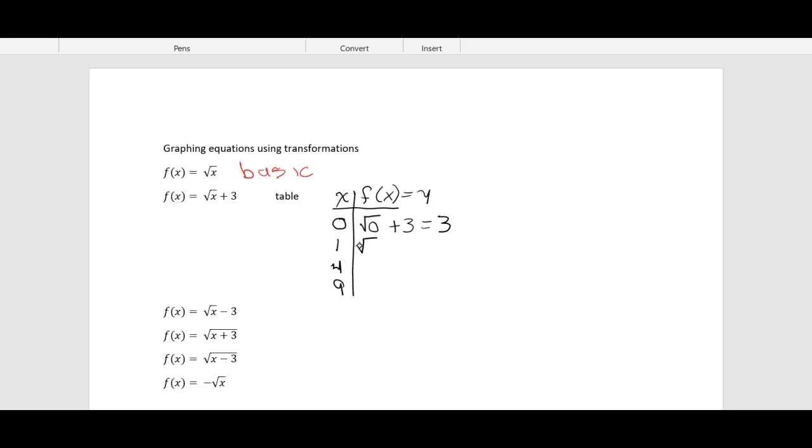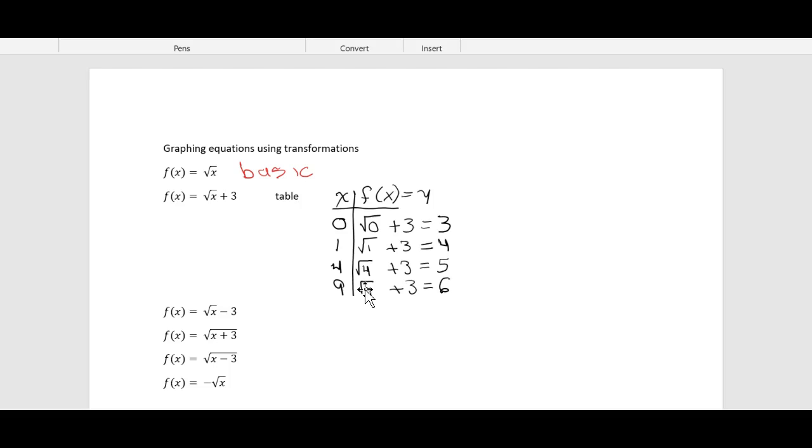Then we will have the square root of 1 plus 3, which is 1 plus 3, equals 4. The square root of 4 plus 3: the square root of 4 is 2 plus 3. This gives us a 5. And the square root of 9 plus 3: the square root of 9 is 3, plus 3 is equal to 6.